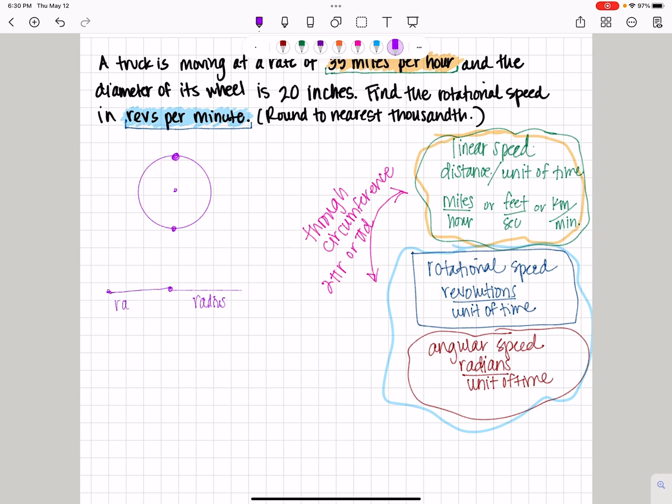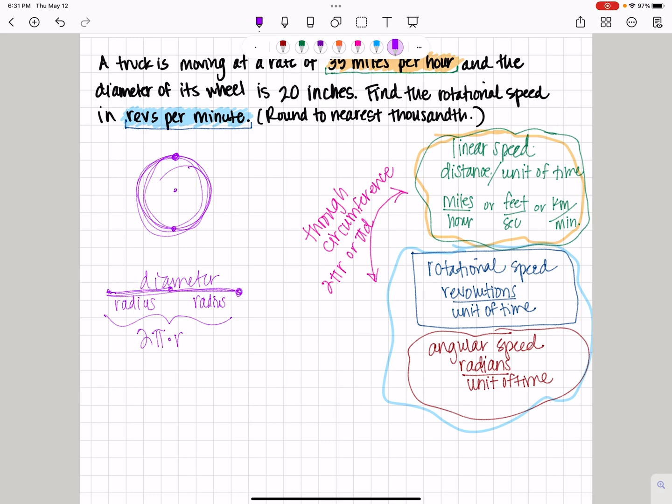And that's another radius. So my distance all the way around the circle is 2 pi times the radius. We know that. That's your circumference. So this is going to be 2 pi times the radius. And sometimes we're given the diameter, which is 2 radii.